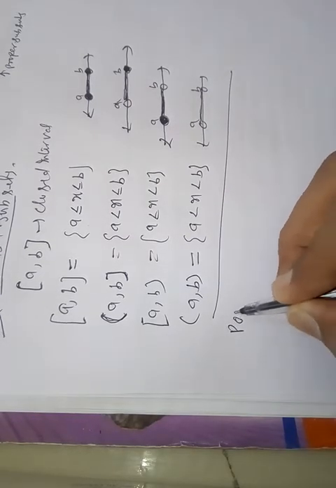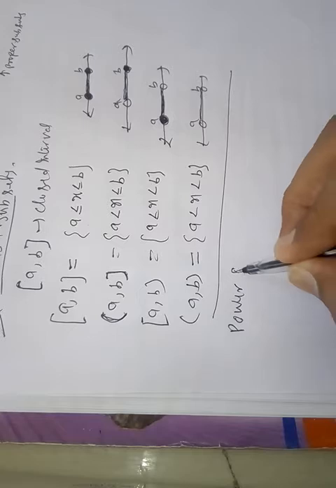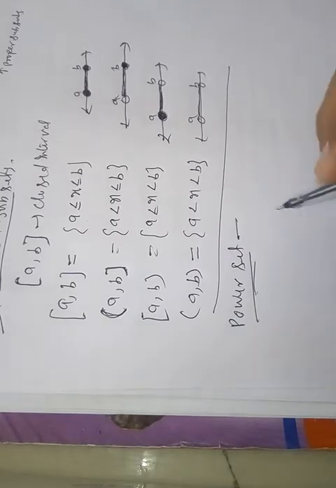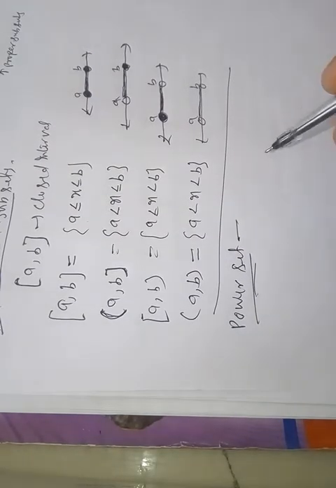Next, power set. Power set definition: the collection of all subsets of a set is called a power set. Clear?